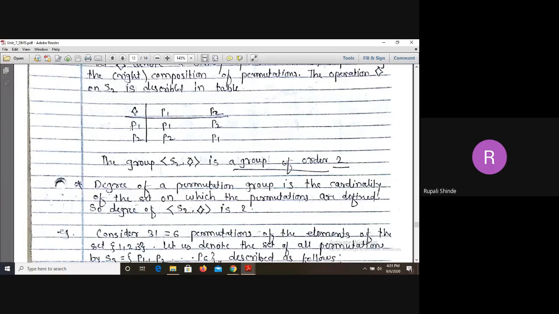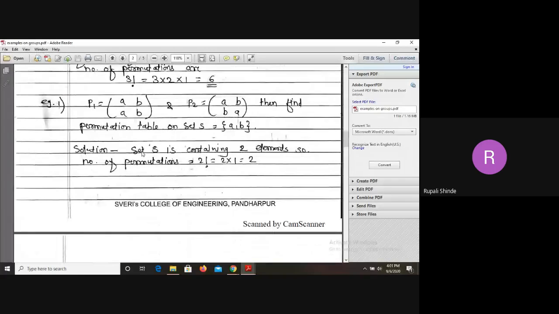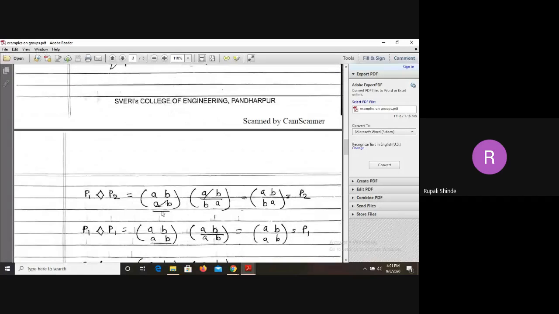Now we have to find the value for P1 permutation P2. I have solved that here. The value for P1 is AB, AB, that is given, and the value for P2 is AB, BA. Again check whether the second and third element are the same. Yes, here the second and third element is AB, that's why we can cancel it.